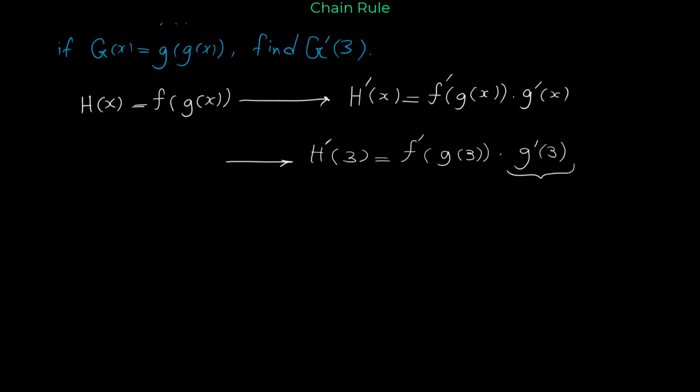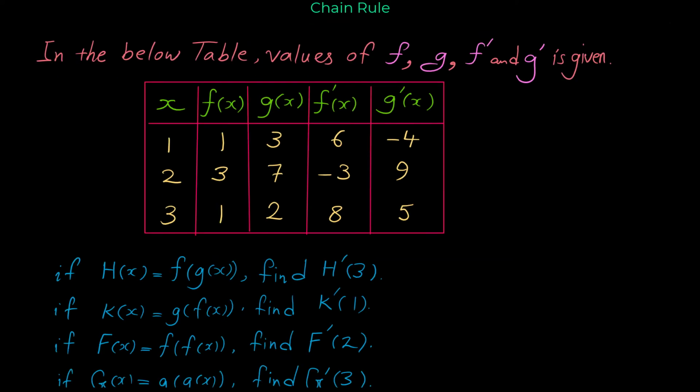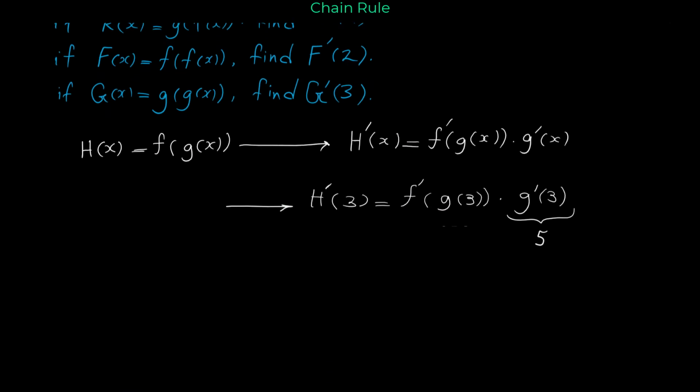So this value is 5. For finding this value, first we have to find what is g of 3. When x is 3, g of 3 is given 2. So the value of g of 3 is 2.